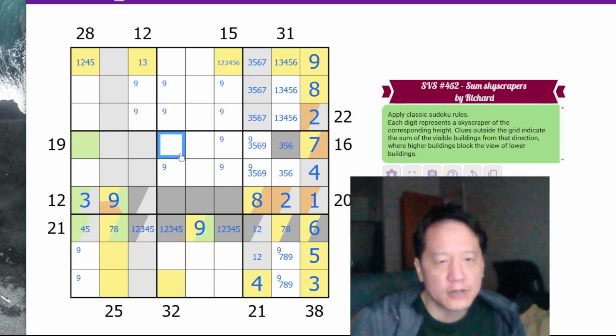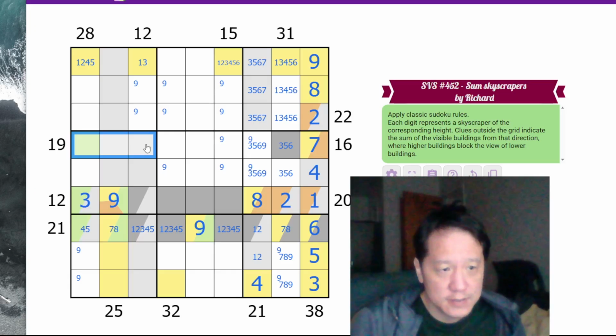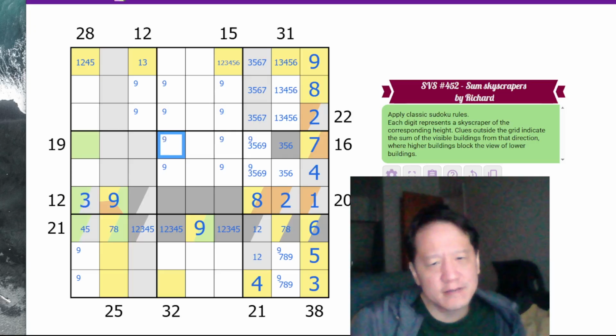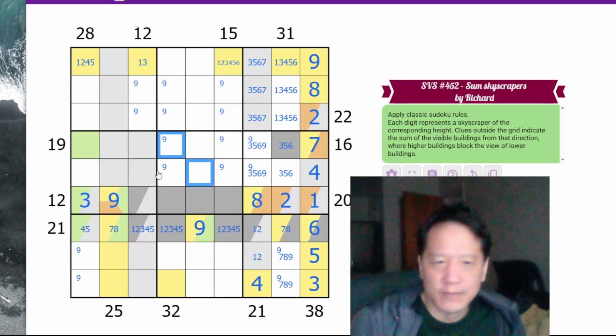So this cannot be 9 here. Because if this were 9, that would force this to be 5, 6, and 8 that it sees. Wait, that doesn't work. Hold up. It sees 7 and 9 this way. It would have to be... well, that kind of does work. Never mind. I don't know what my logic was there. That was not good logic.